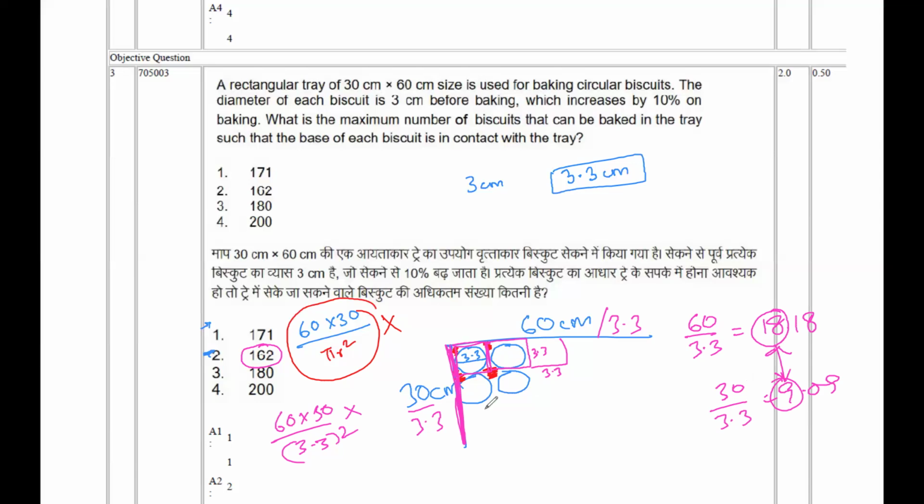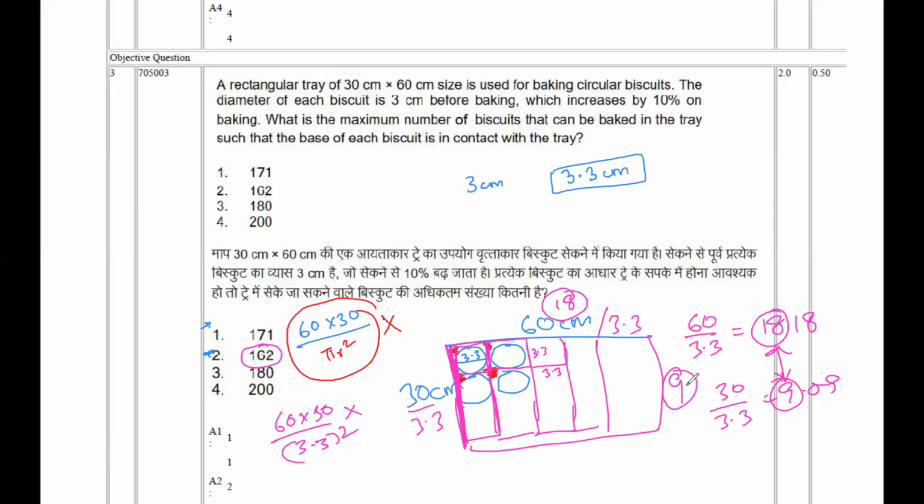Because the remainder doesn't count. Obviously 3.3 times 10 is 33, so it will go up to 9. So that also could be another thought process that you could have used to get 9 this way, and 3.3 times 20 is 66, so maybe 18 or 19 this way, you know what I mean?